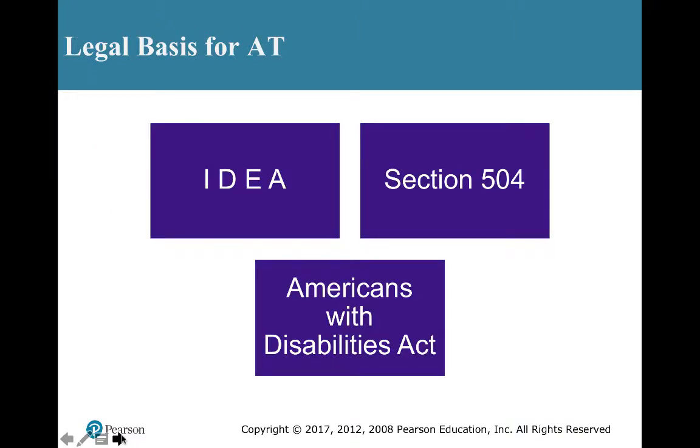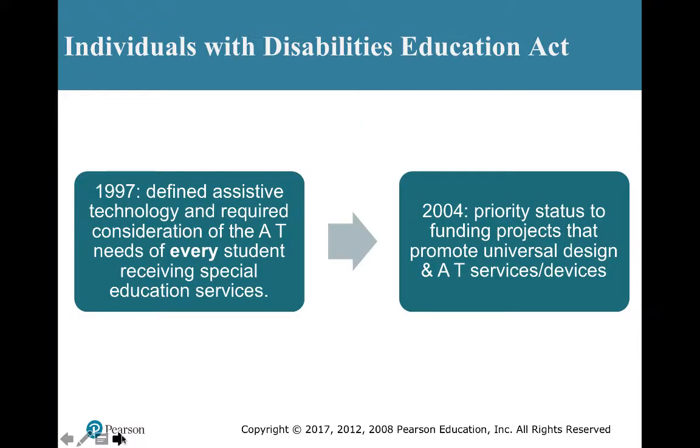So there is a legal basis for supporting children to have assistive technology. And we're not just talking about IDEA, but also Section 504, as well as the ADA, or the Americans with Disabilities Act. In 1997 was really one of the first reauthorizations. We know that the first federal law was in 1975, so it wasn't until 1997 where we really start to see AT defined in the law and really considered at any great length.